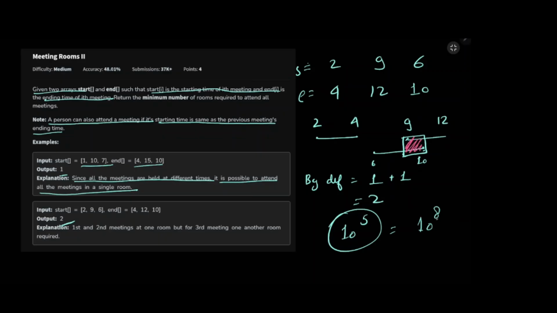Some also have 5, but mostly 8 executions. And if we go n square for this, we can have 10 to the power 10, which will exceed the limit. So it will give an error.